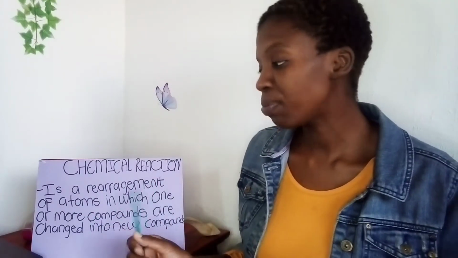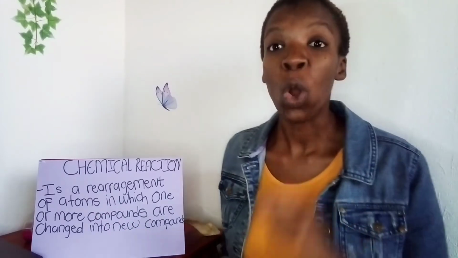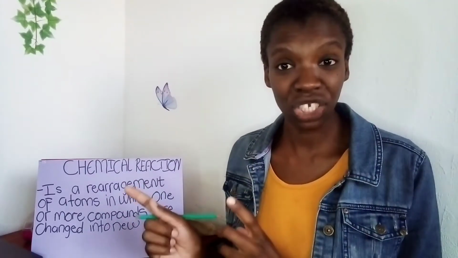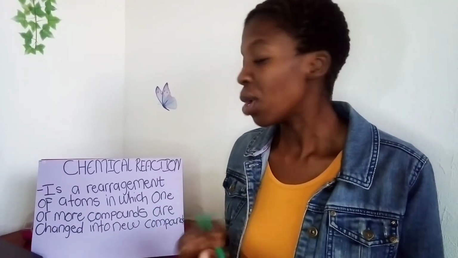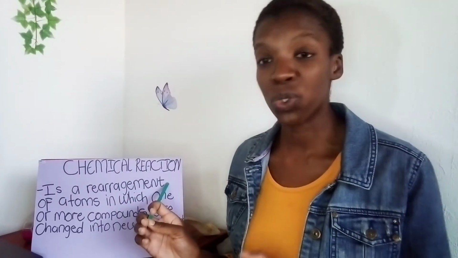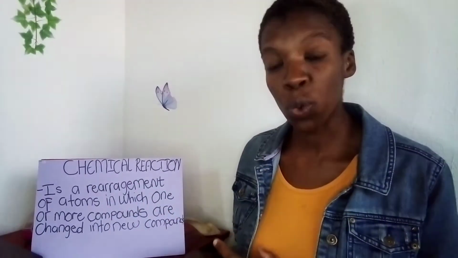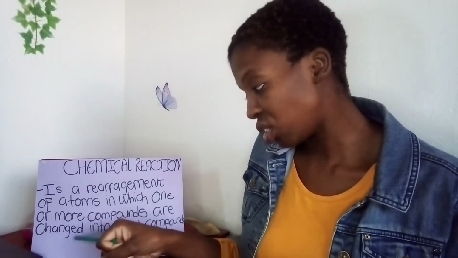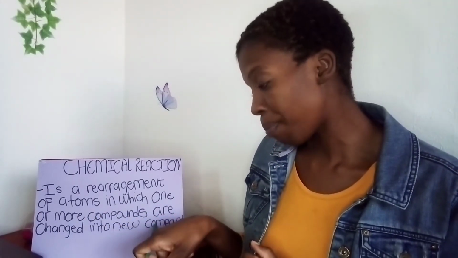A chemical reaction is a rearrangement of atoms in which one or more compounds are changed into a new compound. So our first keyword here is rearrangement of atoms in which one or more compounds are changed into a new compound.